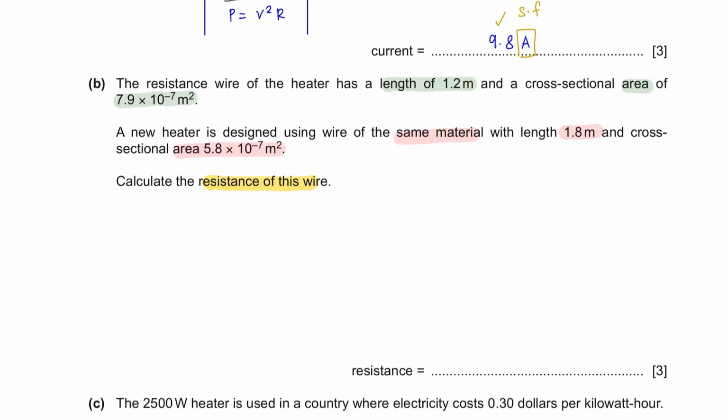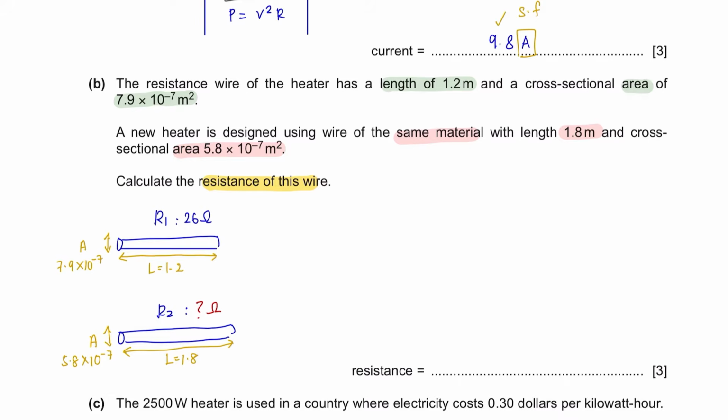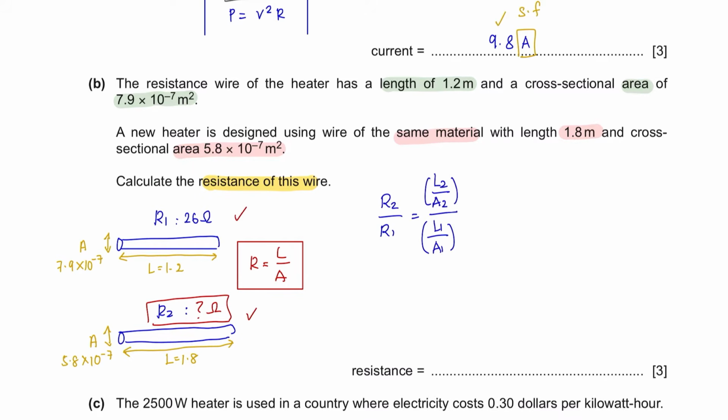Okay, we are going to follow the same method for this question by listing down all the known quantities given first. The relationship between resistance, length, and area given the same material can be expressed like this. From here onwards, to find the resistance of the new heater, we can just use the ratio method to directly compare resistance 1 and resistance 2.